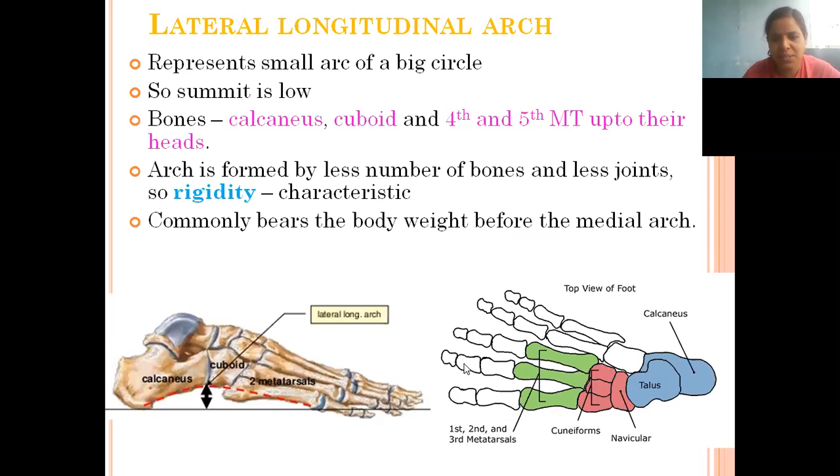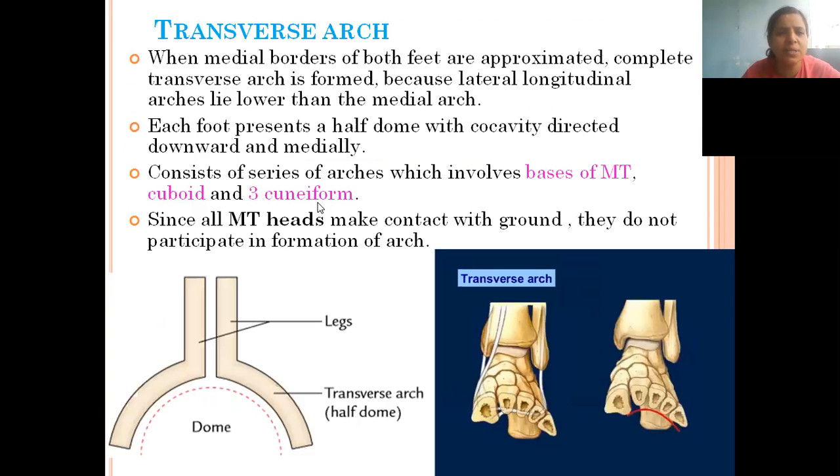Then apart from that, I said we have two transverse arches. This picture was good to make you understand. This is anterior, I said. One straight line here, one straight line here will help you understand we have these two transverse arches. So when the medial borders of both feet are approximated completely, a transverse arch is formed.